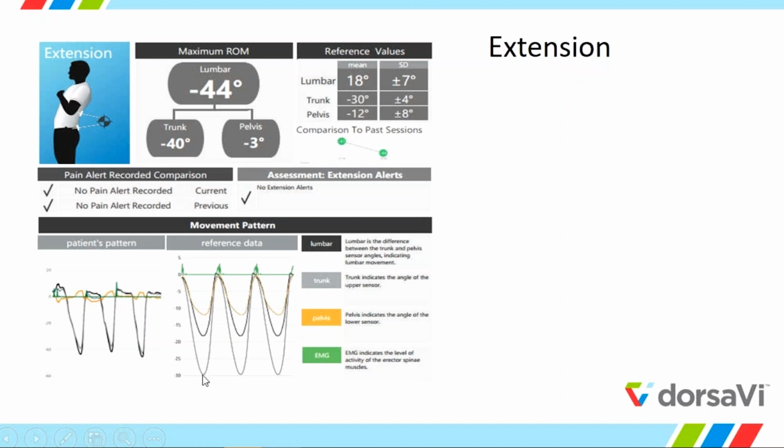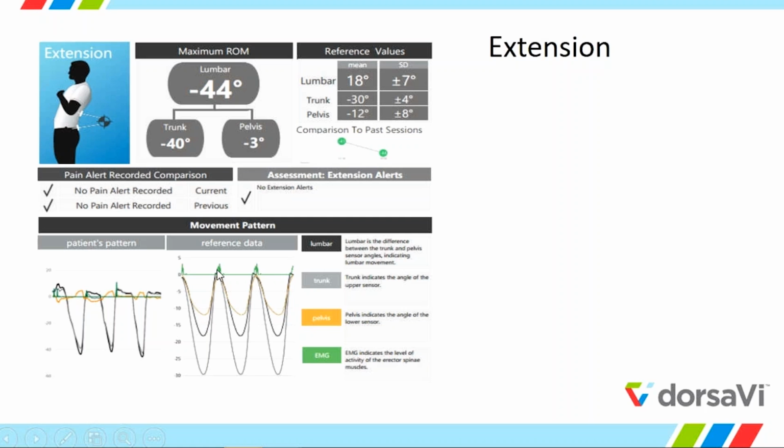Now, this is such a crazy example because if you look at the yellow line in the patient's pattern at the bottom left here, my sacrum is not doing much, and then it actually goes above the line into positive. So it's actually going into nutation instead of extending like the reference pattern where it should extend downward.